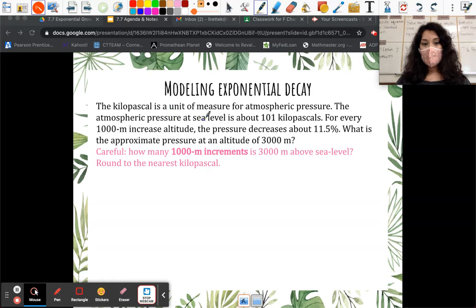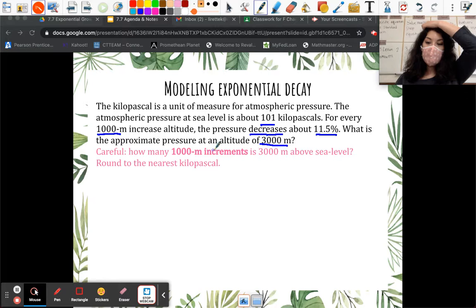The atmospheric pressure at sea level is about 101 kilopascals. For every 1,000 meter increase in altitude, the pressure decreases by about 11.5%. What is the approximate pressure at an altitude of 3,000 meters?